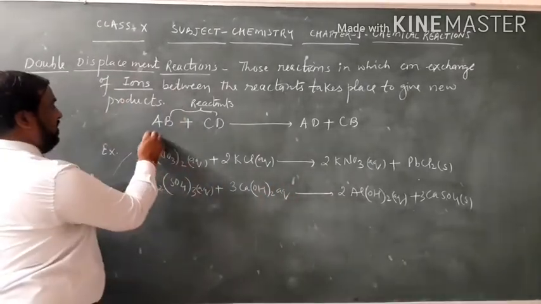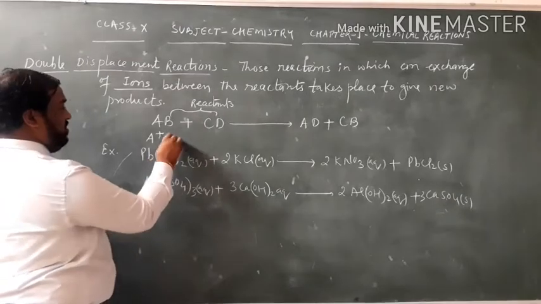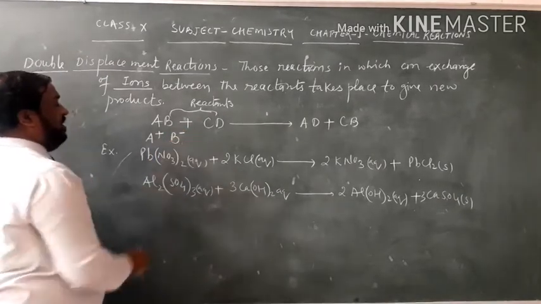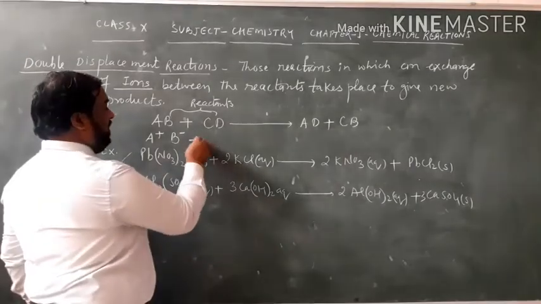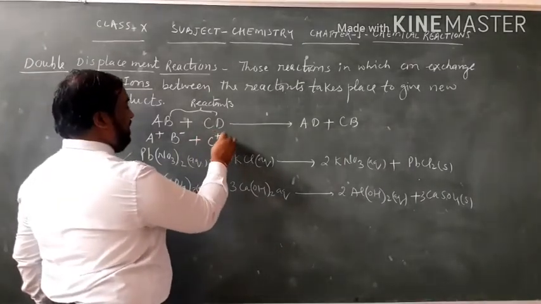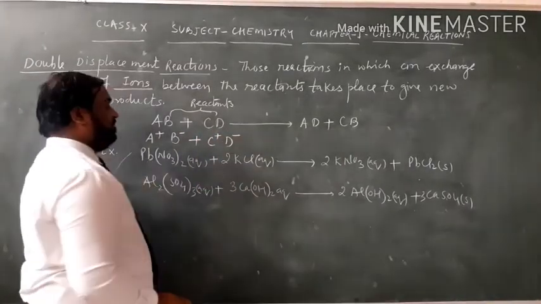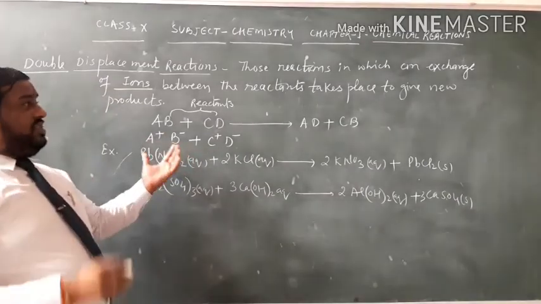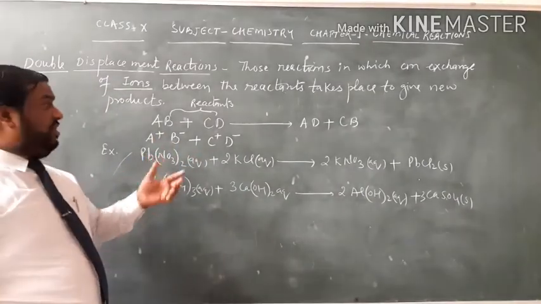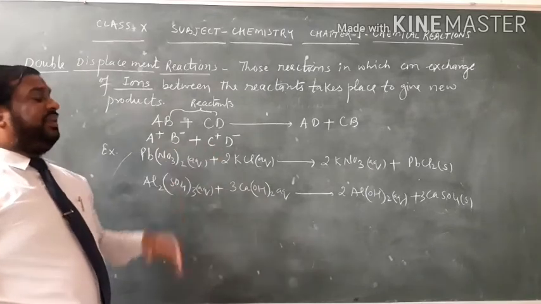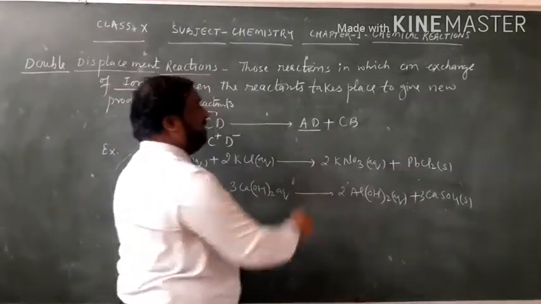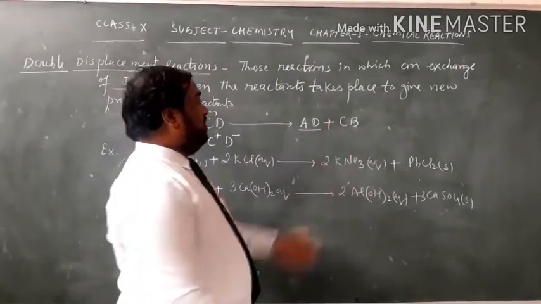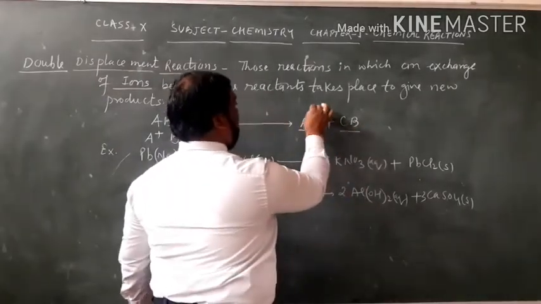So here A plus, B minus, cation and anion, plus C plus and D minus. So this is an interchange of cation and anion to form AD and CB.